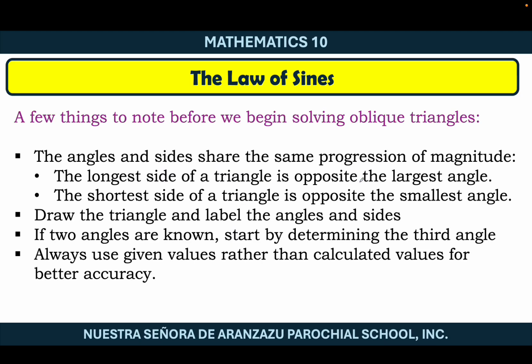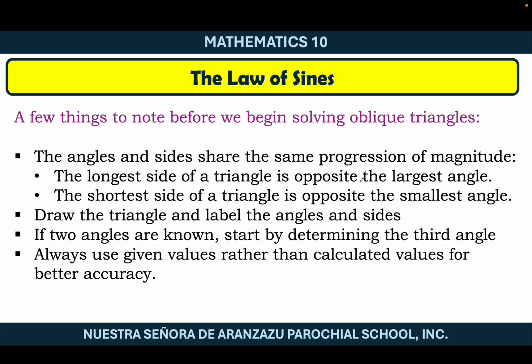These are a few things to note before we begin solving an oblique triangle. The angles and sides share the same progression of magnitude. That means the longest side of a triangle is opposite the largest angle.